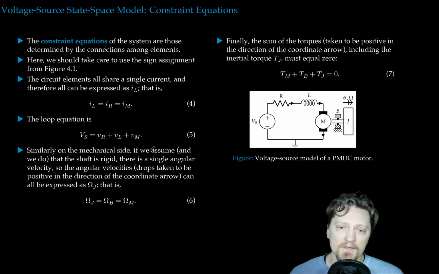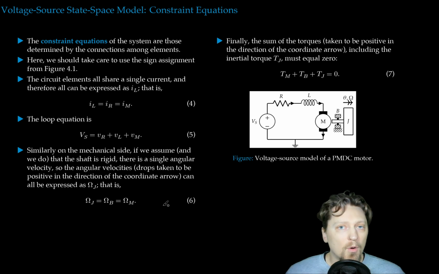Similarly, on the mechanical side, if we assume, and we do, that the shaft is rigid, there is a single angular velocity, so the angular velocities, drops taken to be positive in the direction of the coordinate arrow, can all be expressed as omega j. That is, omega j equals omega b equals omega m. Everything on the mechanical side has a single angular velocity.